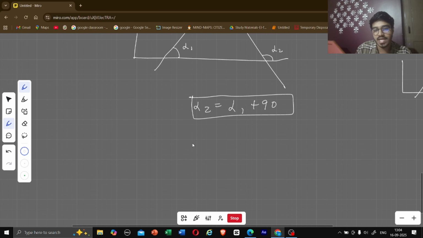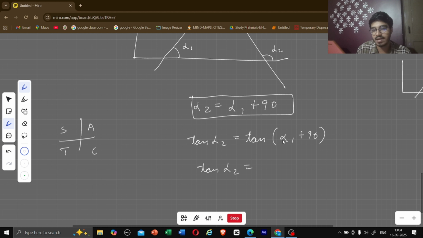Now take tan on both sides. So tan alpha 2 is equal to tan of alpha 1 plus 90. So tan alpha 2 is equal to what is tan theta plus 90? We know the ASTC rule, right? So tan theta plus 90 is nothing but minus cot theta.